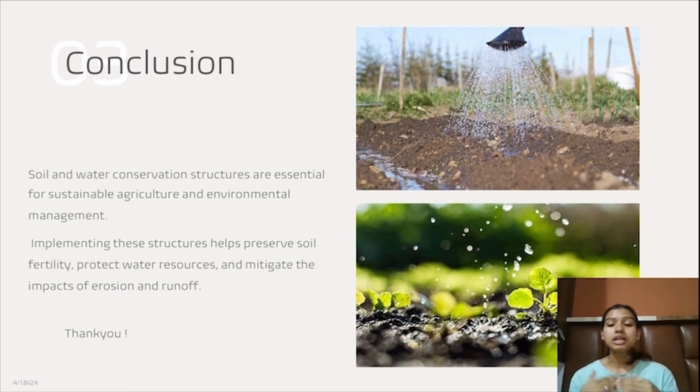If we conserve soil and water, it is very beneficial for the upcoming generations, because everything nowadays is getting polluted easily. Conserving these two important essentials can be very beneficial for the future and for the agriculture sector.